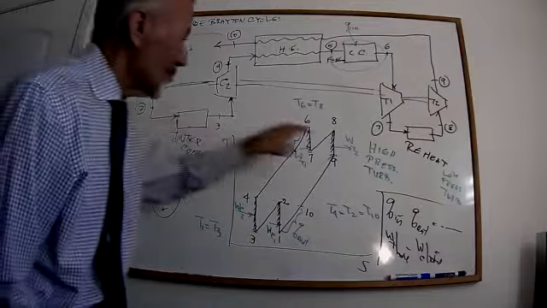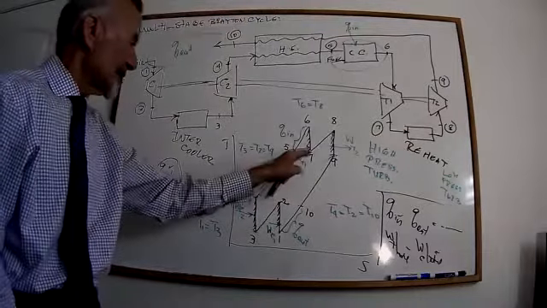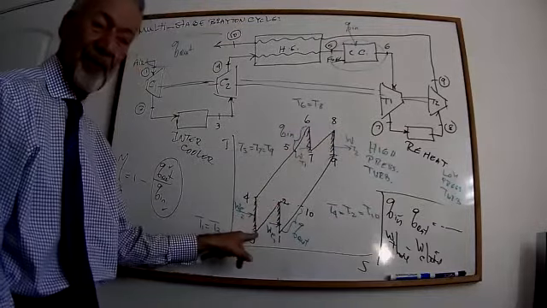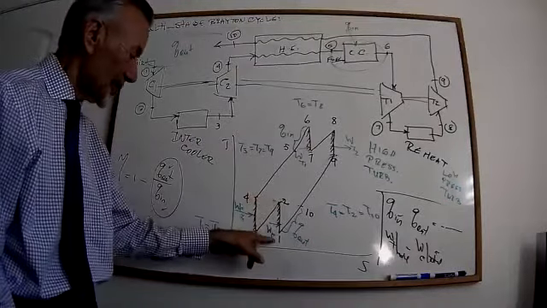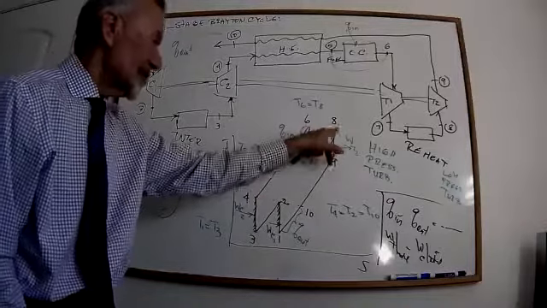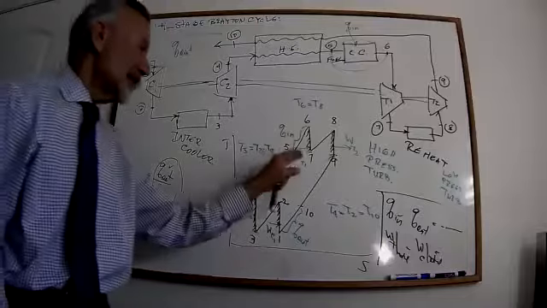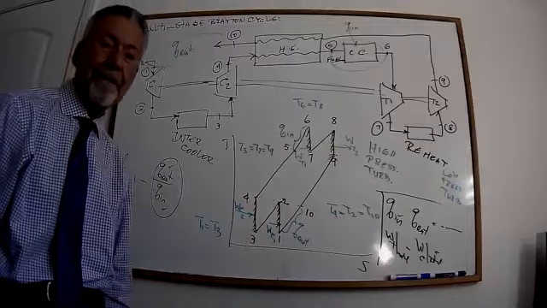Because between 7 and 8, what happens cancels with what happened between 2 and 3. Same temperature, same temperature. The energy that we're gaining here, we're losing it here. So they cancel each other.